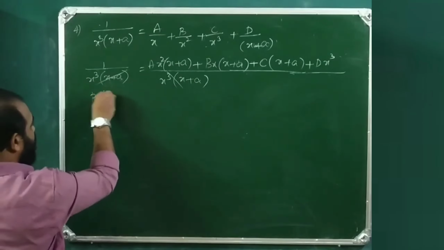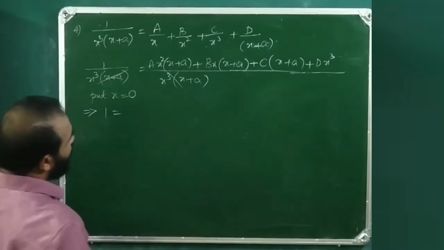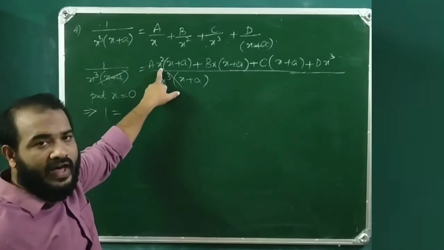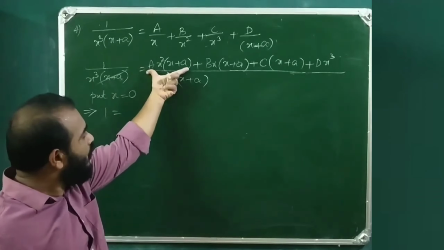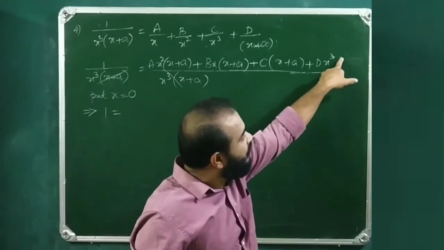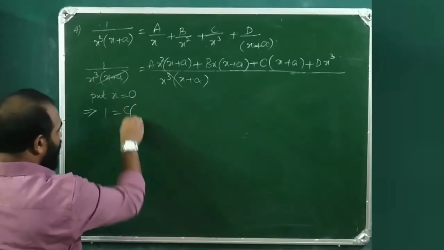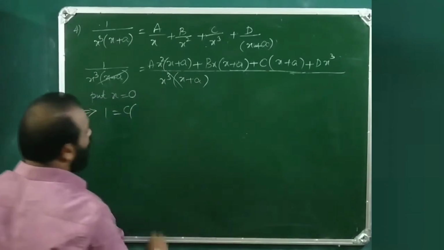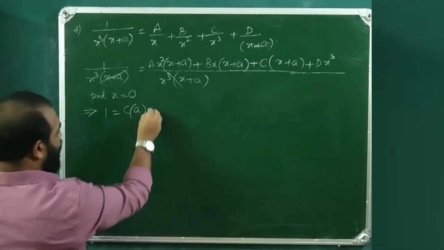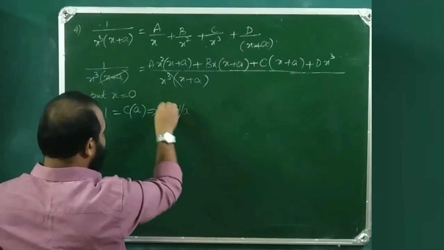So put x equals 0. So 1 equals, if you substitute here, 0 square is 0 into the whole is 0. Here also 0 into something is 0. Here also 0 cube is 0. So we are left with c only. C into x value 0 plus a, which is a. From this, c is equal to 1 by a.